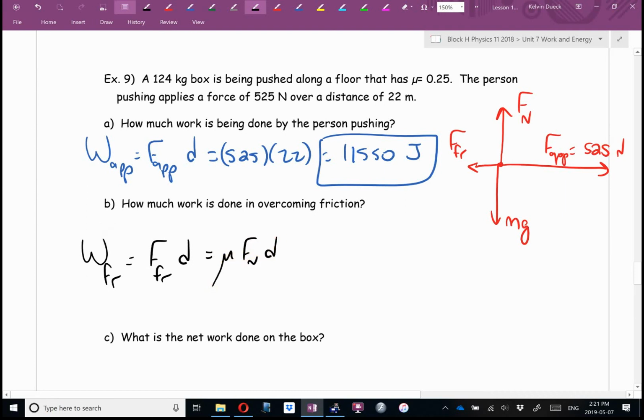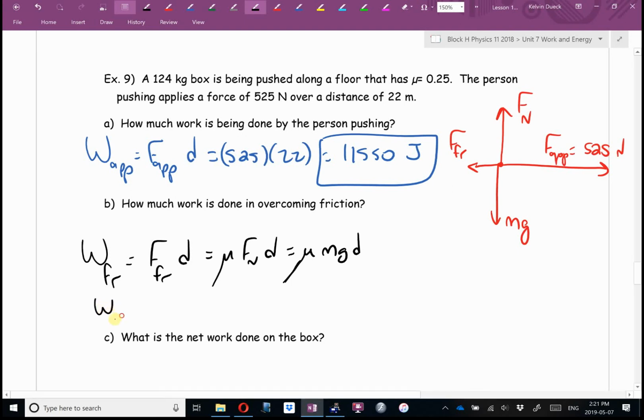And then tuck the D in. I don't know the normal force. Oh, but look. I know the force is the same size as the normal force. So if I want to find the work done overcoming friction, it's going to be M times G times D. That D, by the way, is not an H. Don't think, well, shouldn't it be MGH because we're lifting? We're not lifting, we're pushing. So it's a horizontal distance.